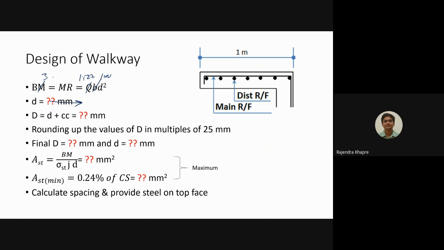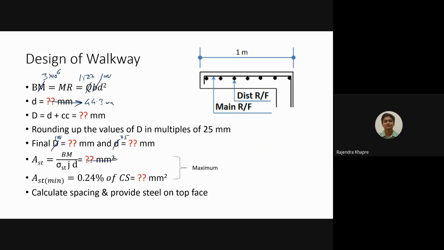This will be into 10 to the power 6. Okay, 44.34. 4.34. Okay, so this is sufficient. So capital D will be 100, small d will be 75.